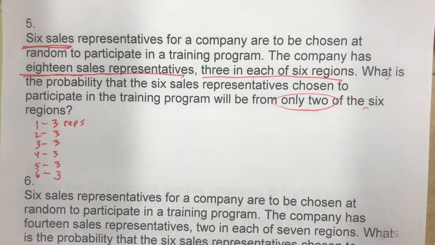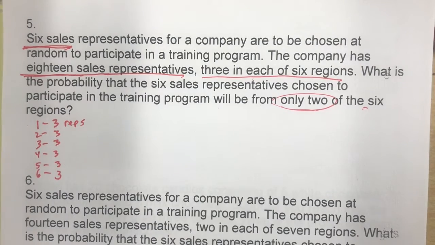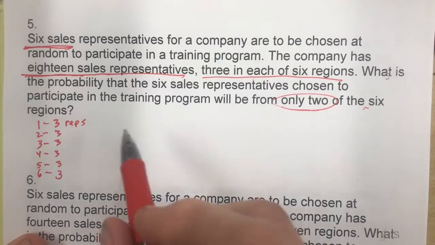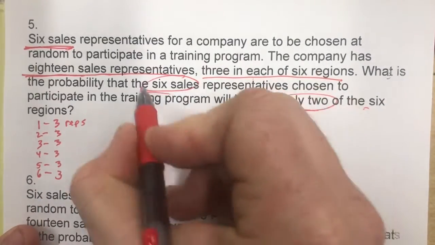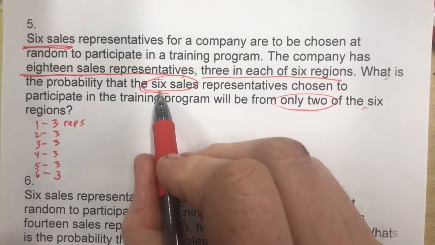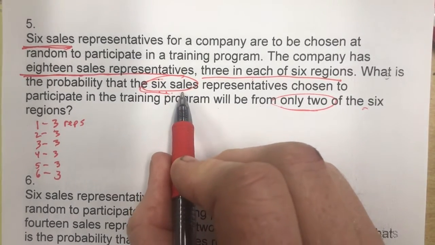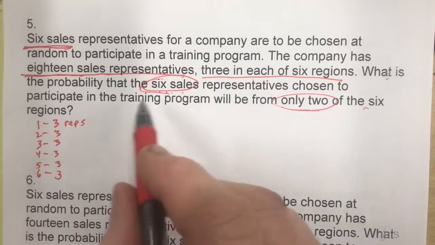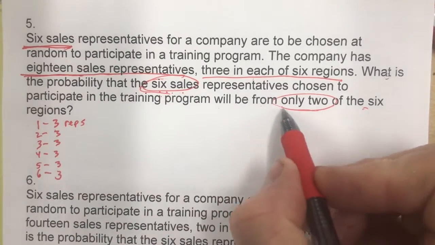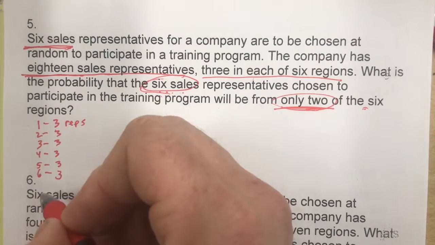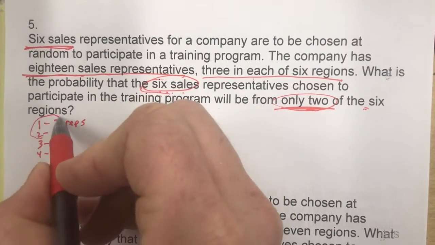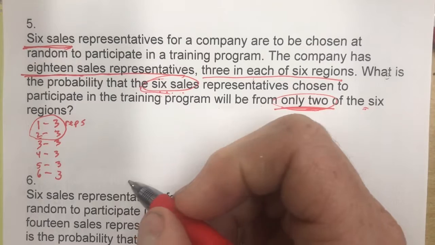So that means it says they're going to select 6 sales representatives, and what's the probability that the 6 chosen are from only 2 of the 6 regions? So they're only from 2 of these. So what if they're from these 2 right here?